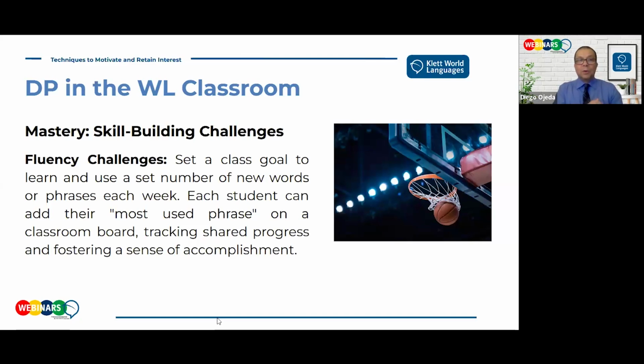Okay, so as I said here, they can add their most used phrase on a classroom board. So it's important for them to track progress. It's different to assess than tracking progress. So when I think about the example of basketball, when we assess, we're looking into the way the player is moving, dribbling, throwing the ball, right? We assess that way.